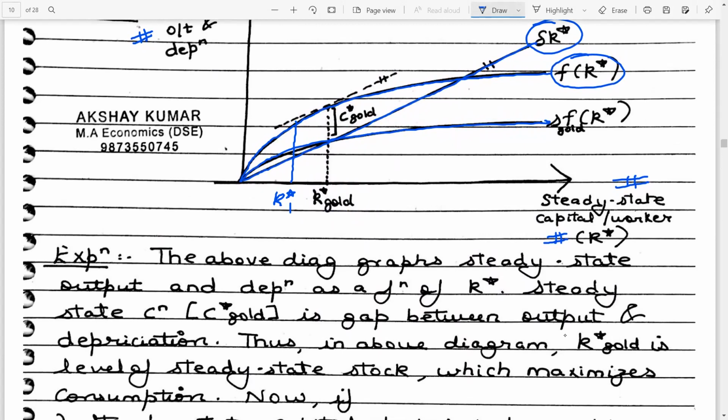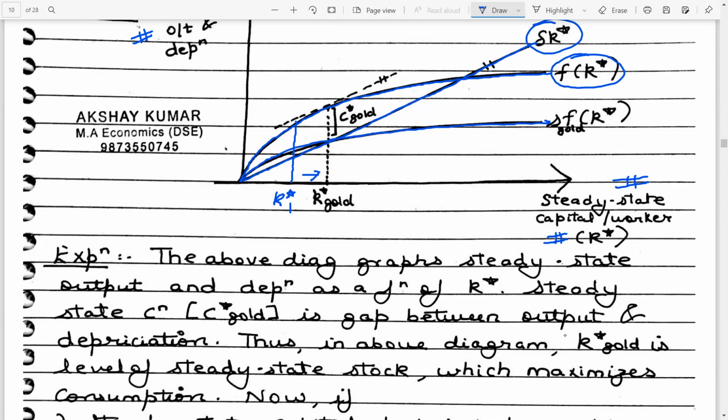If I increase the capital stock, you can see that output is increasing faster than depreciation. Output is increasing faster than depreciation if you look at the capital stock below the golden rule level. How can I say that, guys?